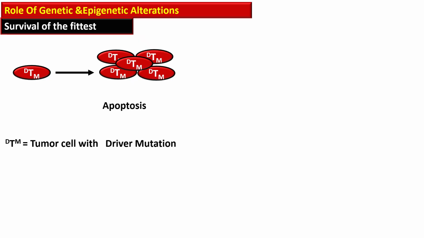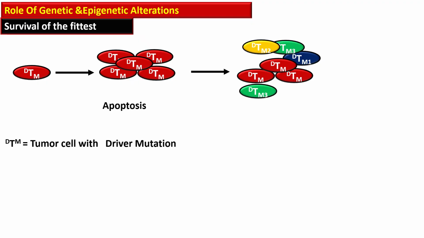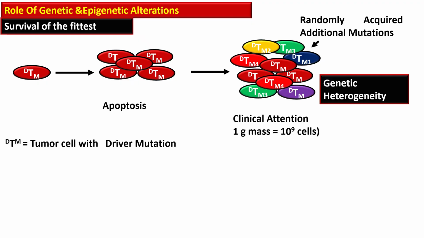Then tumor growth occurs, and by the time a tumor is detectable, about the size of a 1 gram mass, or at least 30 cell doublings, 1 billion cells should have been attained.